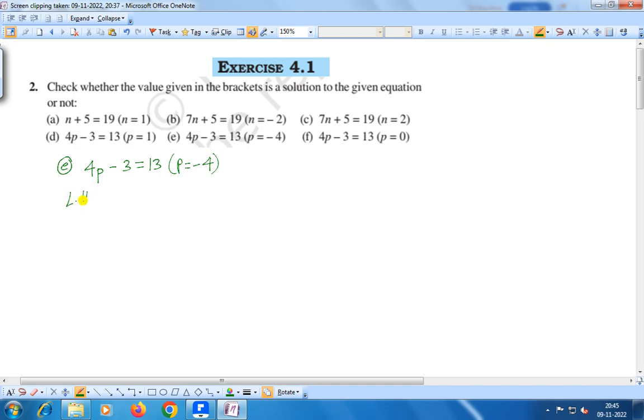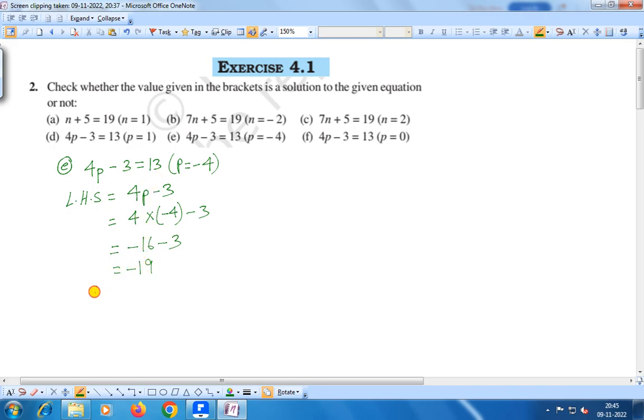Now left hand side is equal to 4p minus 3, that is equal to 4 times the value of p, minus 4, minus 3, that is minus 16 minus 3, that comes to minus 19.